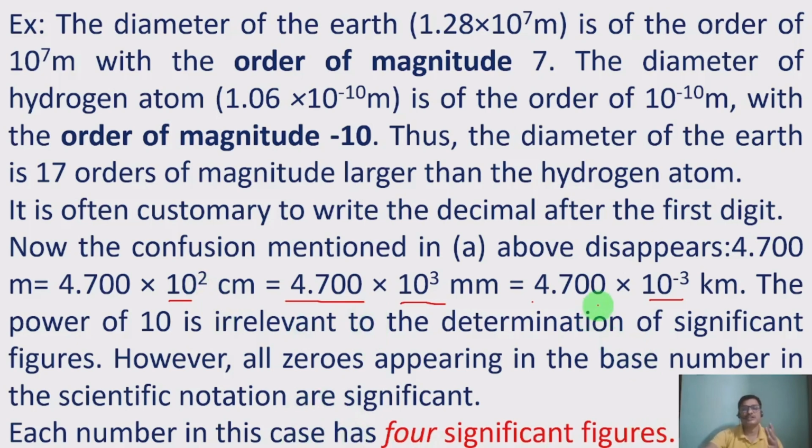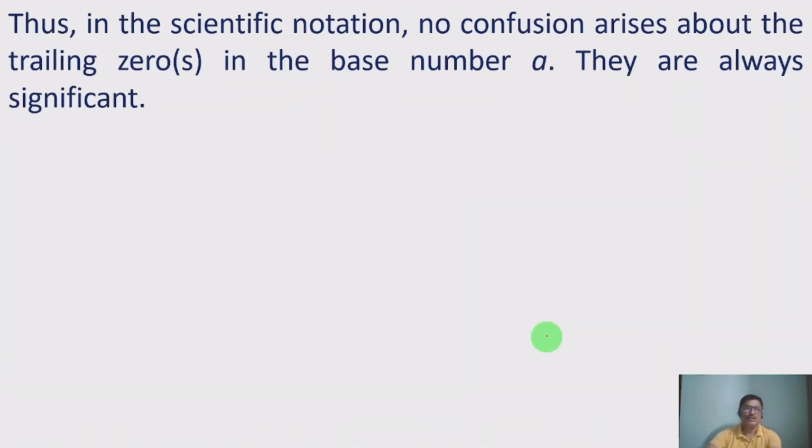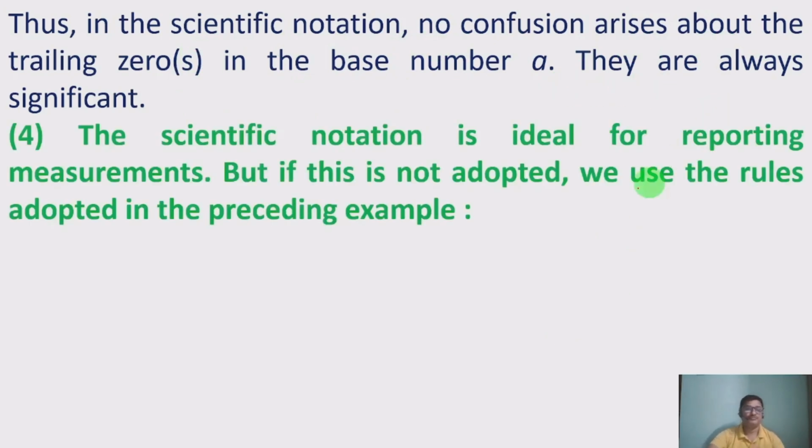By expressing in terms of scientific notation, any ambiguities about the trailing zeros can be eliminated. Thus, in scientific notation, no confusion arises about the trailing zeros in the base number A. They are always significant. Then the fourth observation: scientific notation is ideal for reporting measurements.